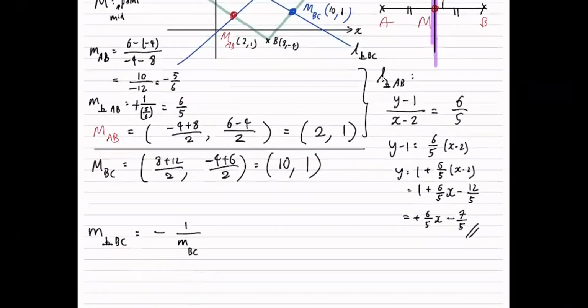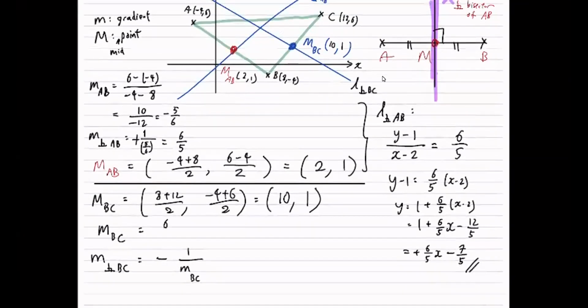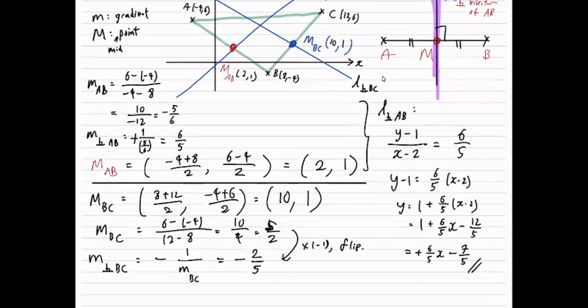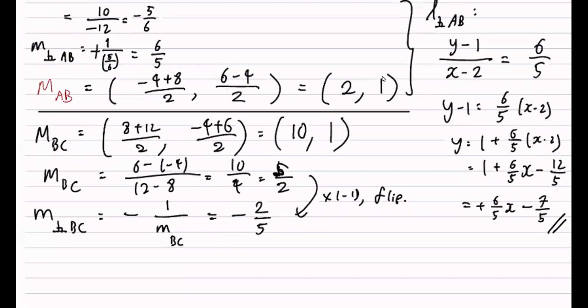MBC equals 6 minus -4 over 12 minus 8. Type in the calculator, you get 10 over 4, which is 5 over 2. Therefore, the perpendicular gradient is -2 over 5: times -1 and then you flip, essentially. Clear?